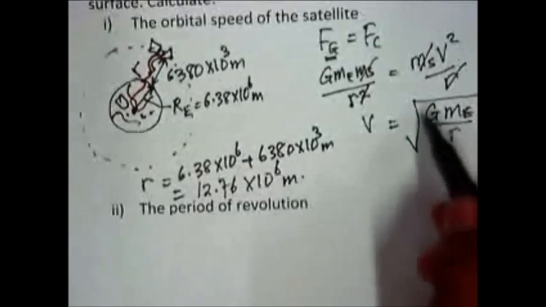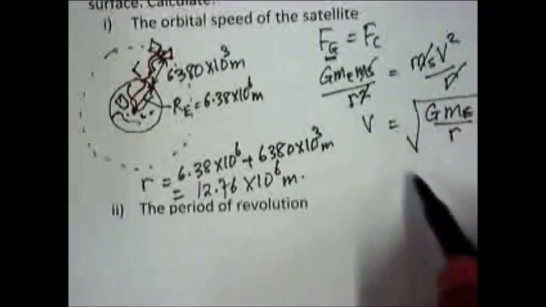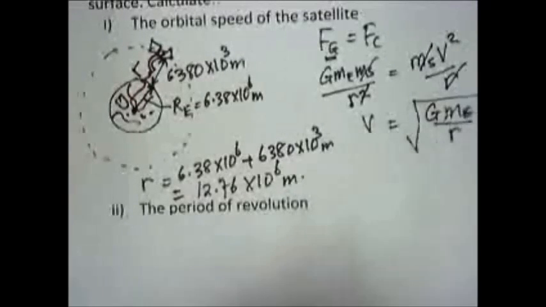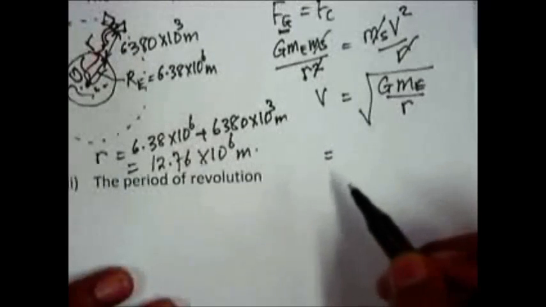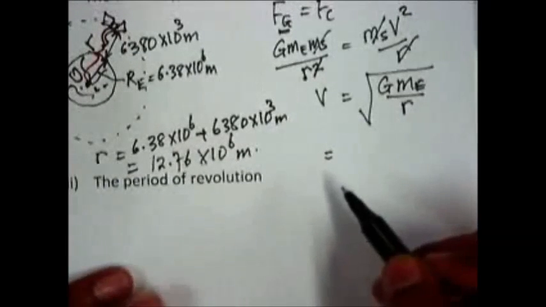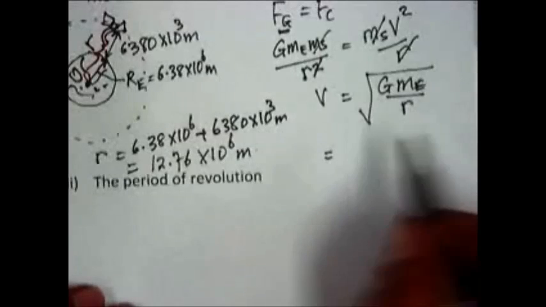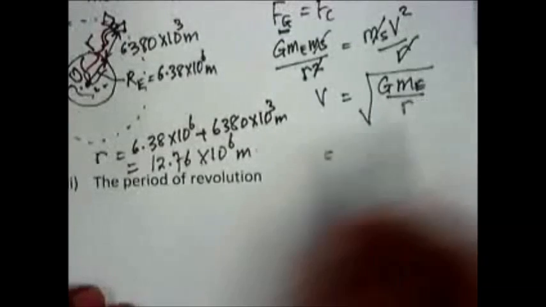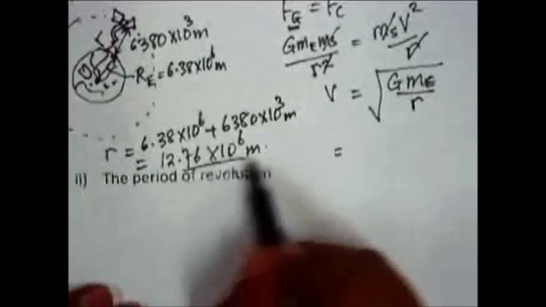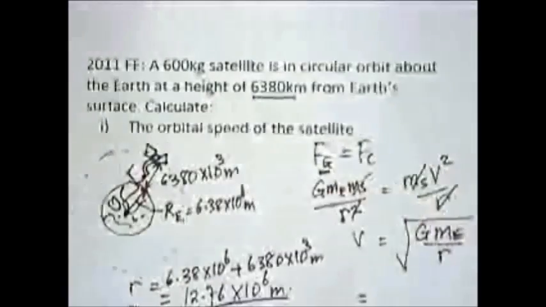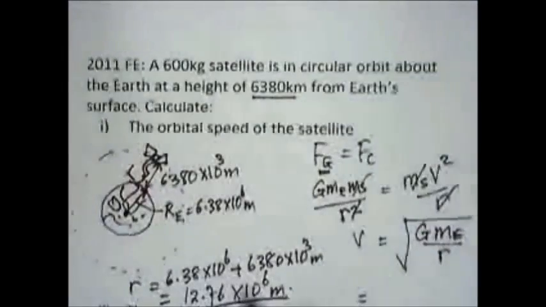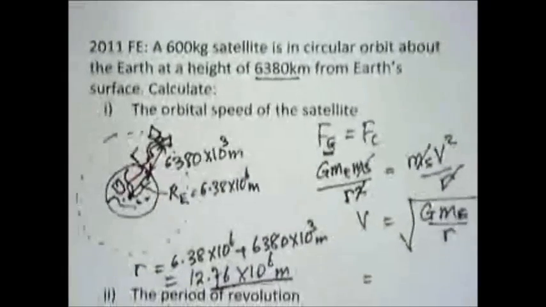Not just the first part, not just the numerator, it square roots the whole value. So next you put in the values for your G and mass of Earth, and divide that by this radius. Don't just use 6380 kilometers. You need to use the whole radius.